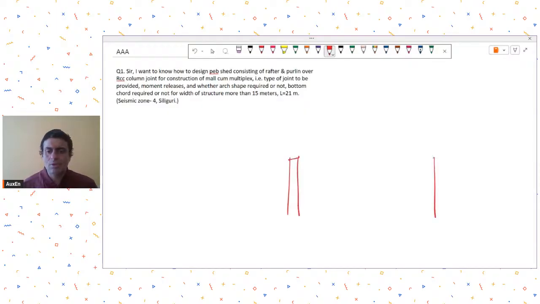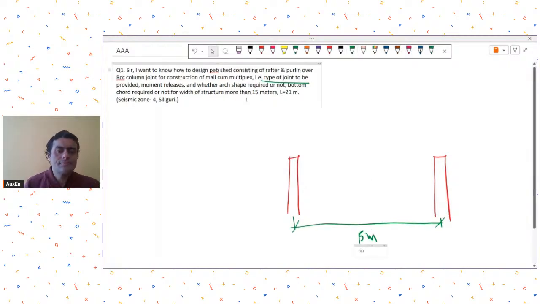I'm trying to show you an elevation, and then he wants to construct one shed over it. I think what he's saying is that this is 15 meters, and the length is 21, so the other direction is 21 meters.